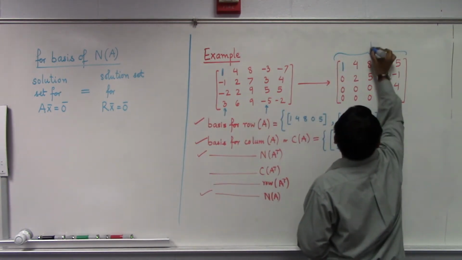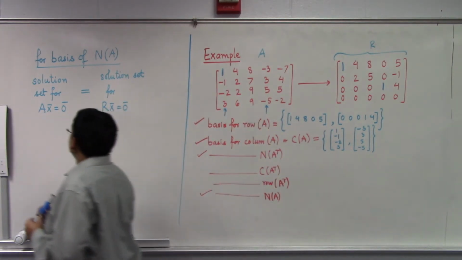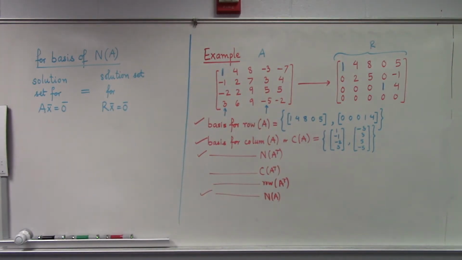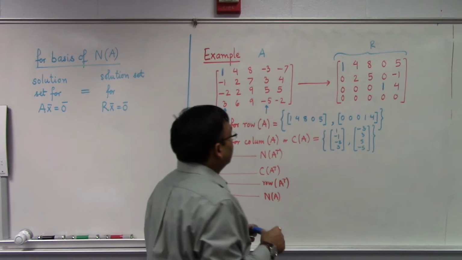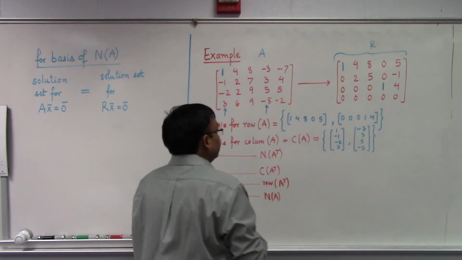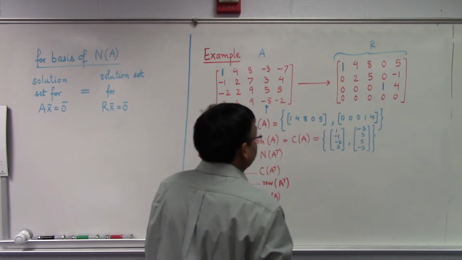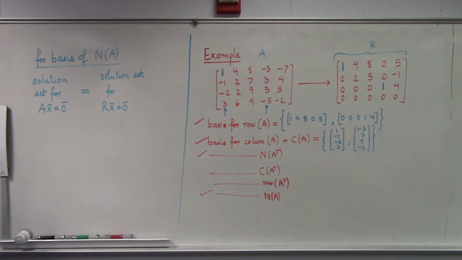So this is our R, and this is our A. The solution sets for both of them are going to be the same. So it will be easier for me to find the null space from there, and then that can give me the basis. Remember, null space is controlled by the free columns. So I want to figure out how to deal with those free columns and how we can use them to our advantage.